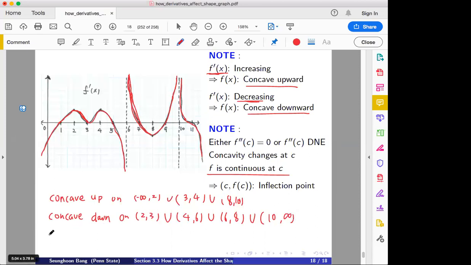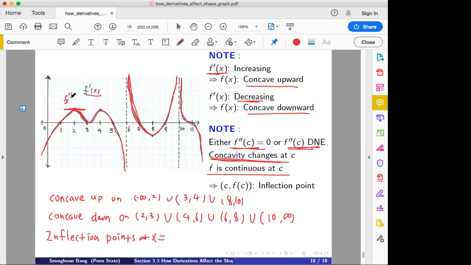The next one, you can find inflection points at x. What is an inflection point? Concavity changes, and the second derivative is equal to 0 or does not exist. Here, at 2, for f prime of x, you can draw a tangent line.